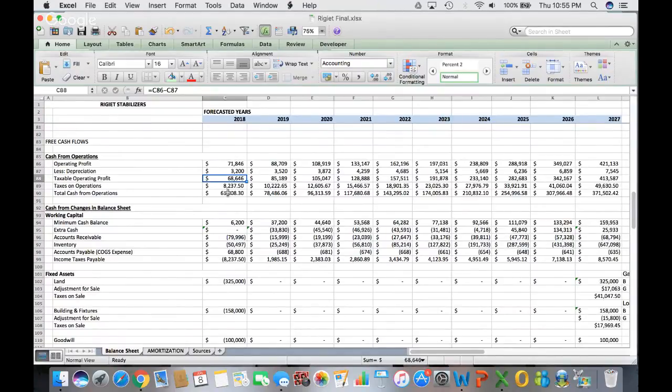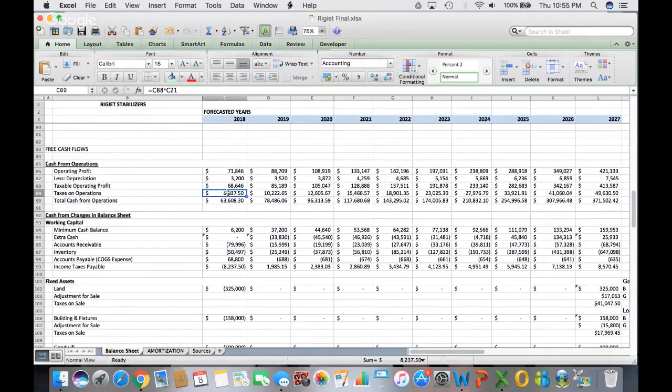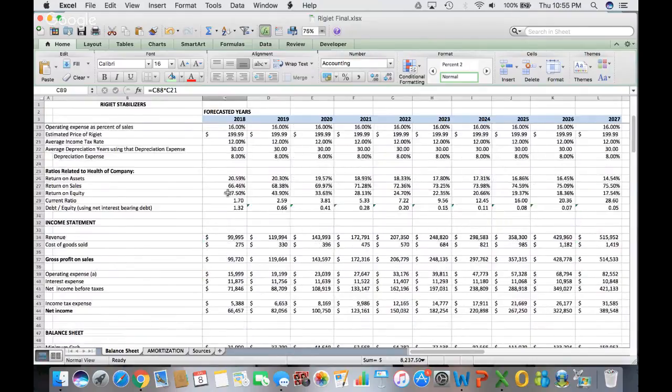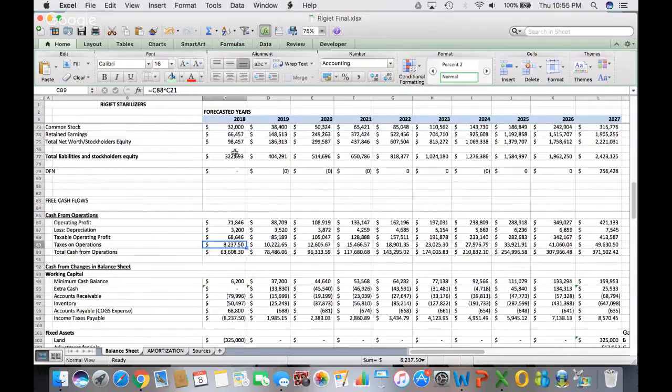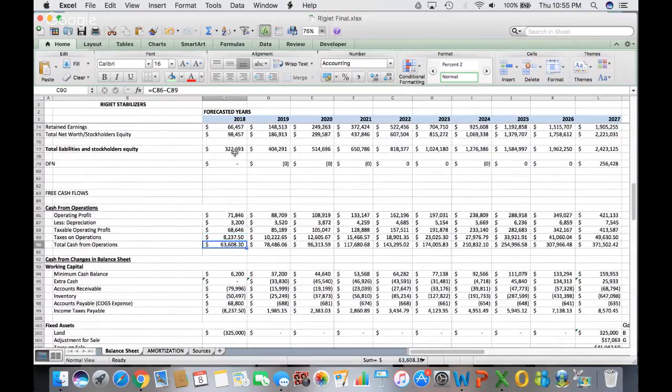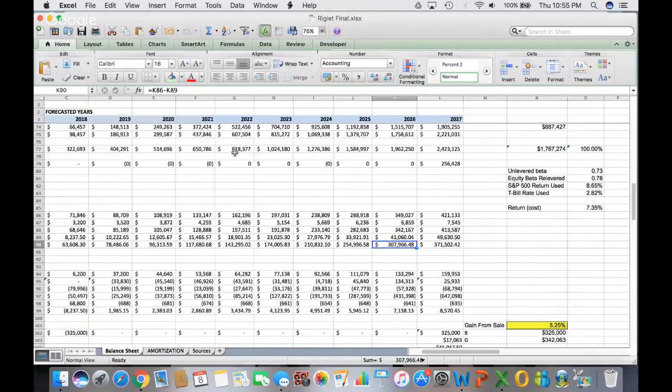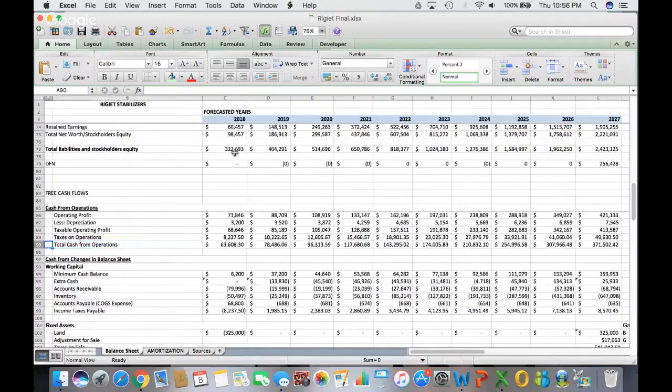We took that number, times it by our tax on operations, which the percentage we have for tax is 12% for our average tax rate, now, which gave us our total cash for operations. And as you can see, as this forecast goes on, our cash from operations does increase over the time of our forecast. So, which is good. It's good to see that a company is gaining profit and assets.